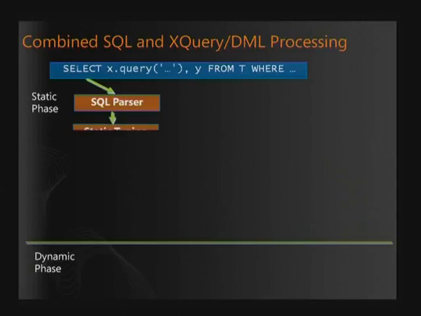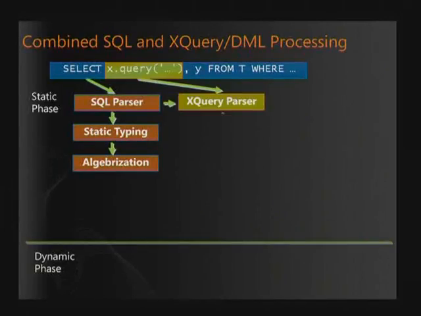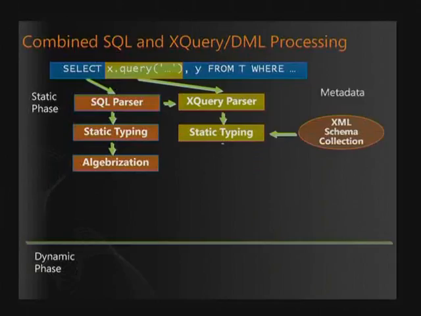So first, you take your select statement and you parse it in the SQL parser. You do your SQL type checking and you do the SQL algebraization. During the parsing, it will recognize these methods and will call out into an xquery parser that then will do the xquery parsing, the xquery static typing, and the xquery algebraization.